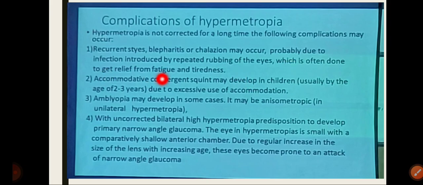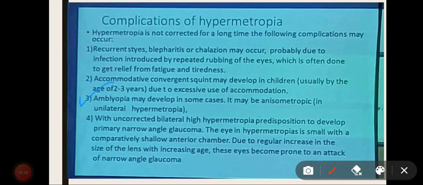Accommodative convergent squint may develop in children, usually by the age of 2 to 3 years, due to excessive use of accommodation.